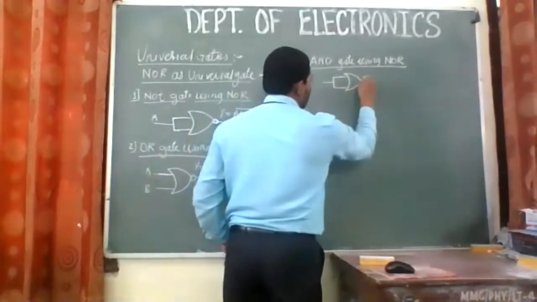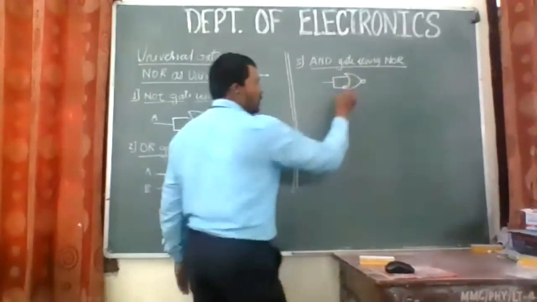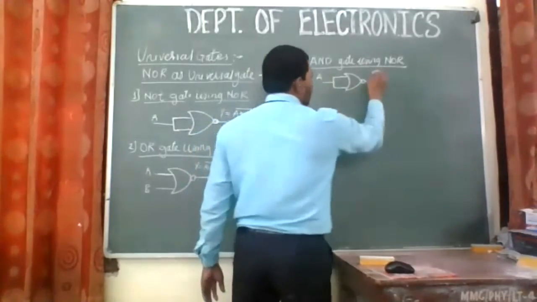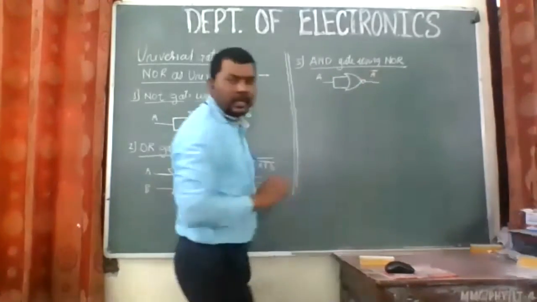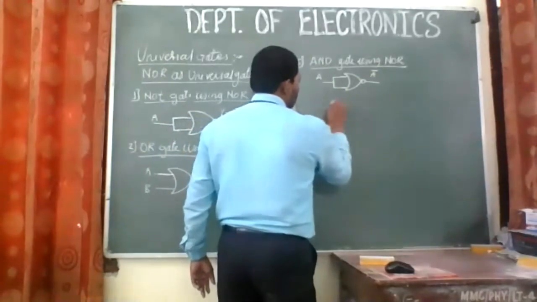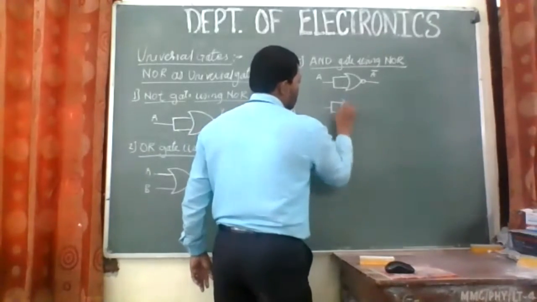Again, I'm making this NOT gate by using NOR only. I am using this first NOT gate made from NOR. I will call this A, and here it will come out to be A complement. Is it okay? Right? And I will use another gate like this.